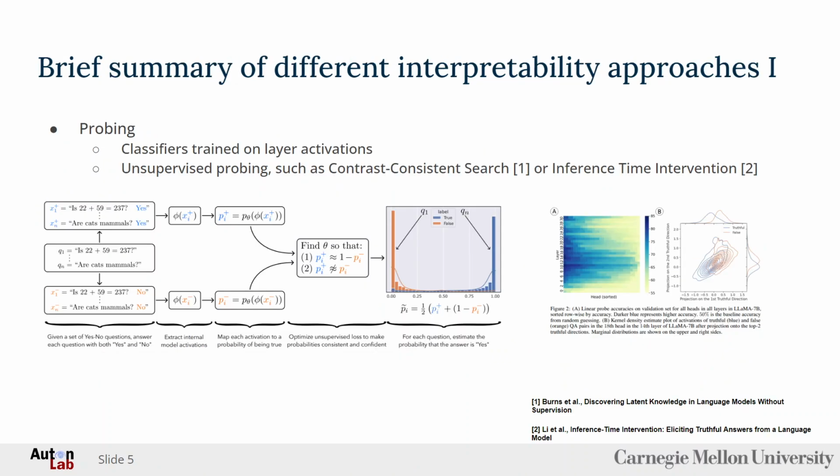So over the summer, I surveyed a lot of interpretability methods to search for components of such a debugger. Probing is one approach, which is basically training a classifier on layer activations, or unsupervised probing, such as contrast consistent search, which searches for layers that are consistently calibrated when it comes to their uncertainty on binary label facts inside their datasets.